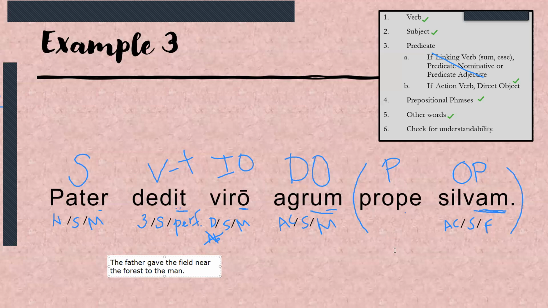If we were going to do this in the Latin word order, it would just say, father gave man field near forest. Could you have translated it that way? The father gave the man the field near the forest? Yes, that is a perfectly acceptable translation. And it makes sense. We checked for understandability. We have parsed, we have labeled, and we have translated.